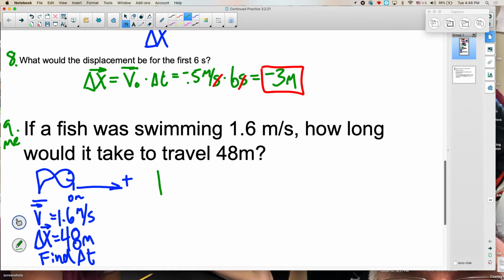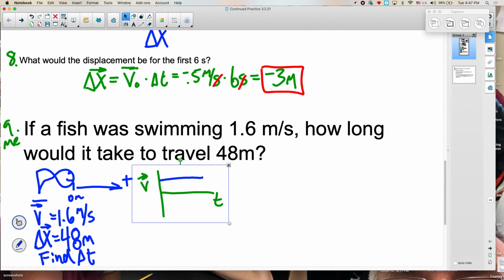Just like in our previous problem, it's helpful to sketch out a velocity versus time graph. In this case, we have a positive velocity. I'm going to say that the y-intercept here is 1.6 meters per second, and we don't know how much time passes.